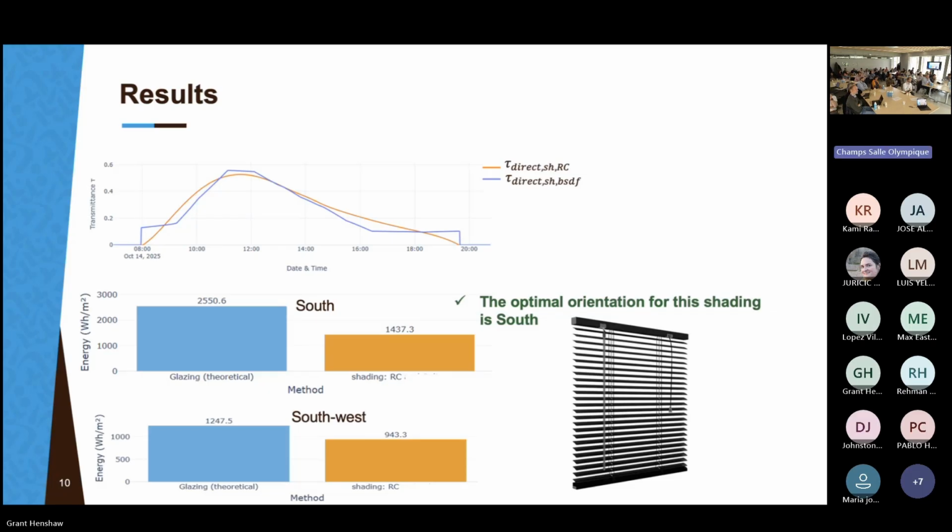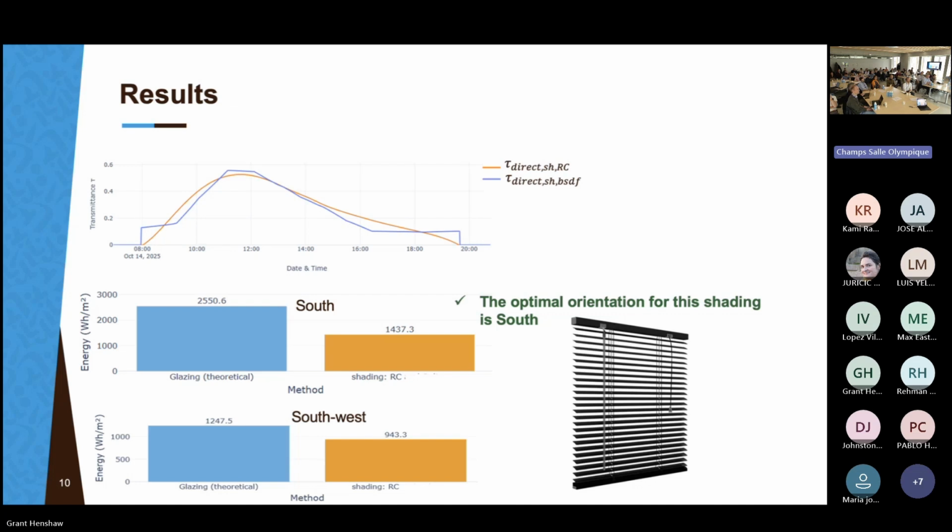At first, I said that characterizing an adaptive facade can help you in early stage design. For such a system, for the shading device, what you want to know as a constructor or designer is the optimal orientation of your configuration of this type of shading. So we did two experimental tests with two different orientations, toward the south and toward the southwest.